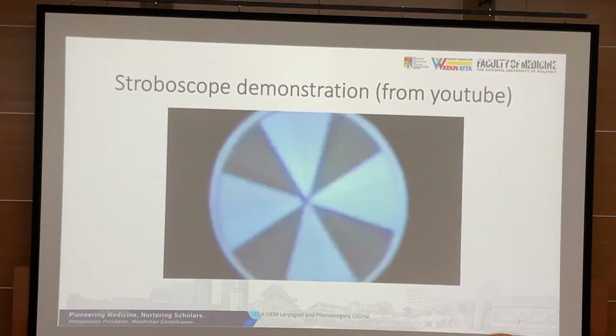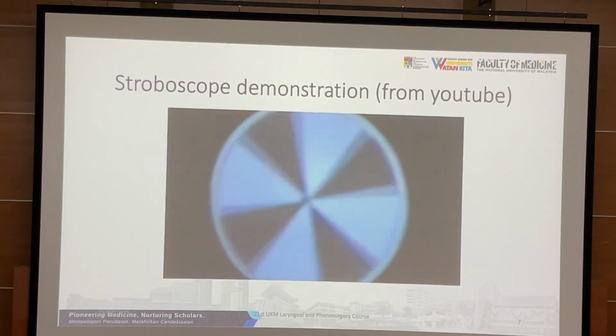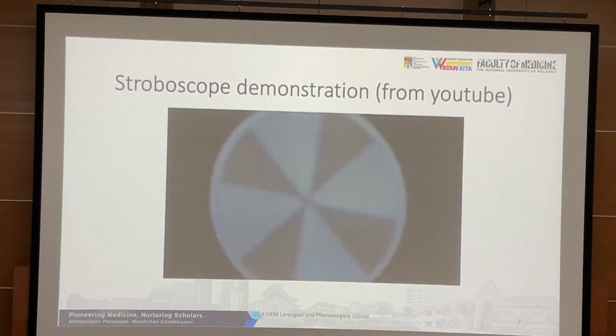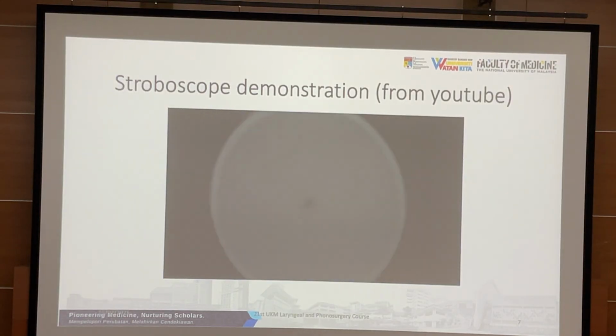But now there are flashes of light onto the moving thing. And whenever the frequency of flashes of light matches with a slight delay, then you start seeing the blades move in slow motion.